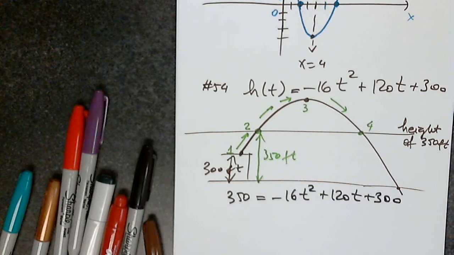So we are trying to find when the projectile crosses the line, the height of 350. So let's think about this equation for a minute.